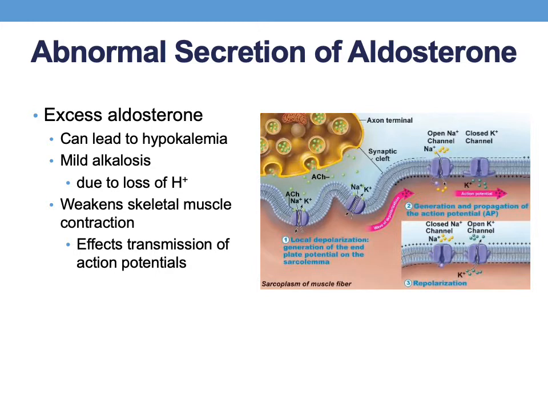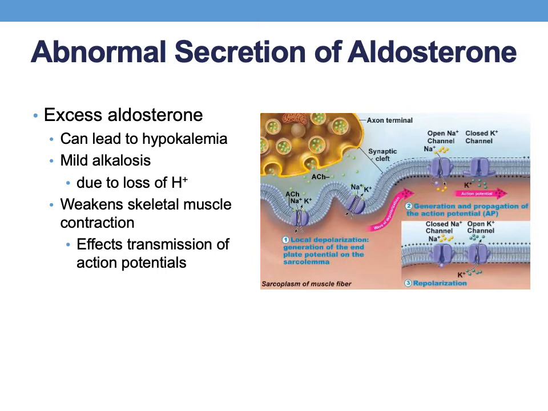Abnormal secretion of aldosterone can cause problems. Excess aldosterone can lead to hypokalemia because of too much excretion of potassium, as the aldosterone causes the kidneys to reabsorb sodium in exchange for potassium. It also can cause mild alkalosis because of the kidney tubules exchanging a hydrogen ion for a sodium ion.